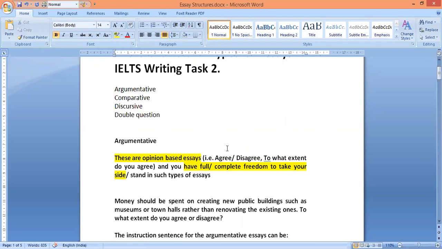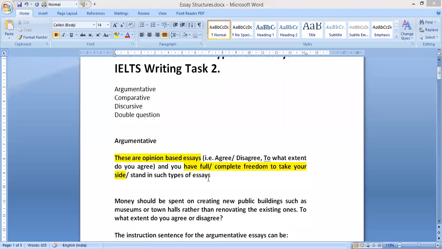There should be an opinion, there should be a freedom to give the opinion. Is it clear? Any doubt about it? No. Okay.